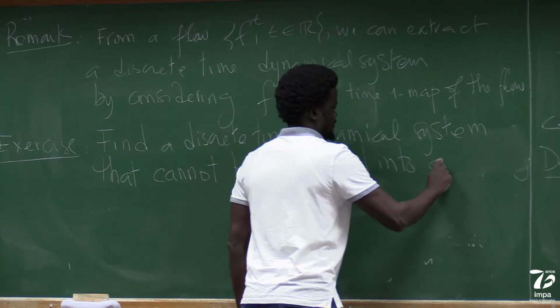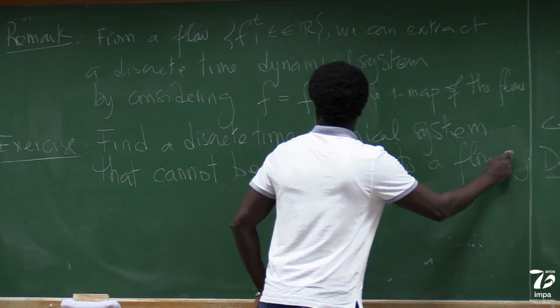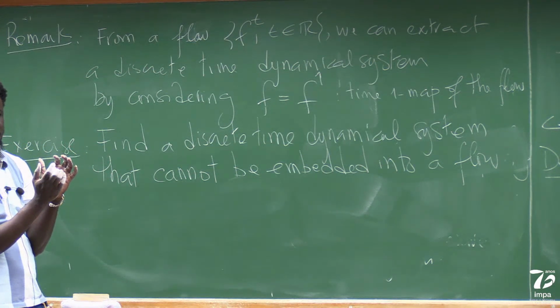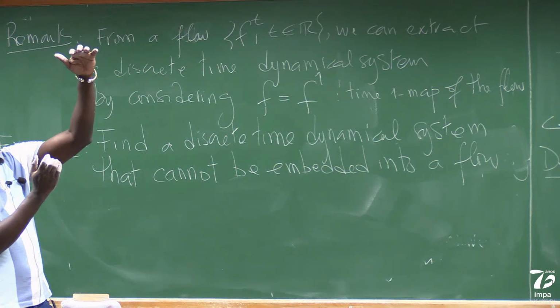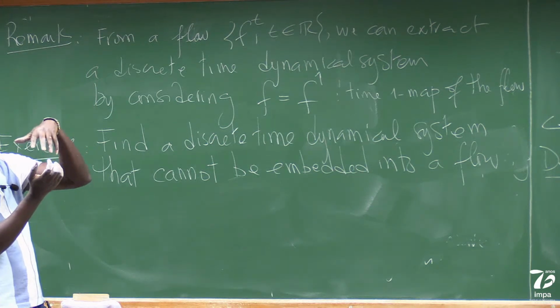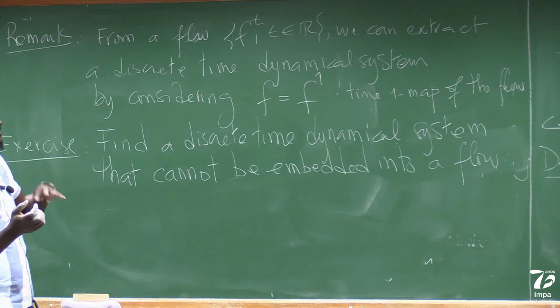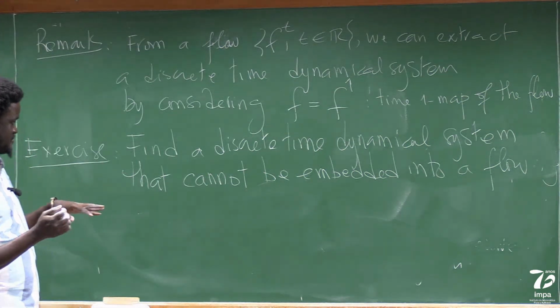I'm just saying that if you give me a discrete time dynamical system, can I find a flow from which this map is coming? The answer is no. I'm just asking you to find a counterexample.